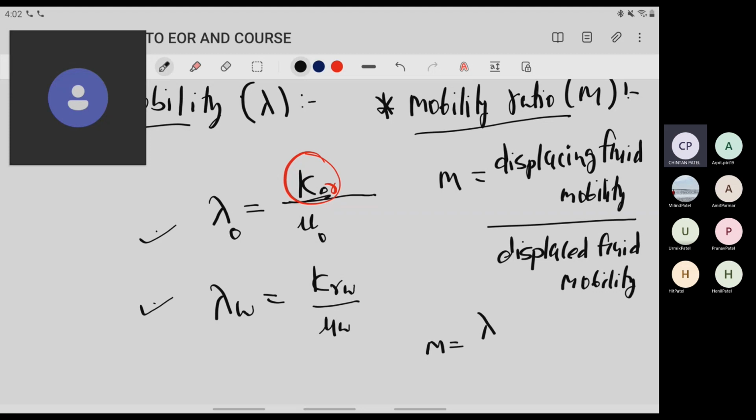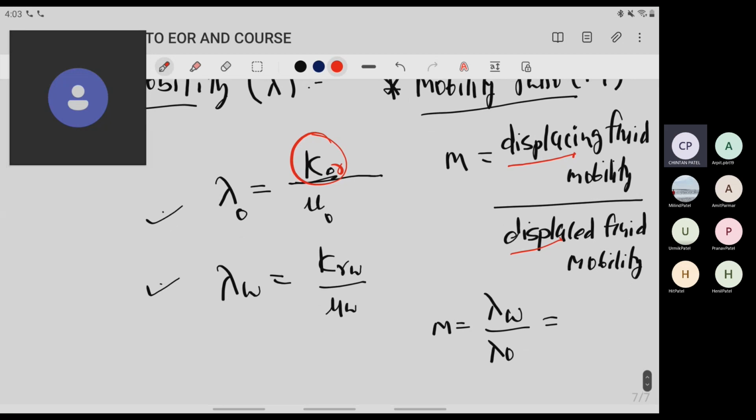Based on this, you can say mobility of water divided by mobility of oil, in the case where water is displacing the oil. In EOR, all of the time, this is the common case. Remember these definitions because there are chances this can be asked directly. Displacing is on top, displaced is below.